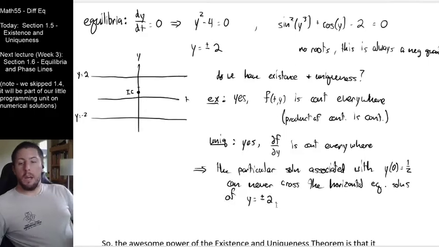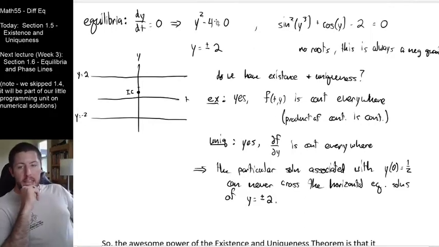So again, by knowing existence and uniqueness, what that guarantees me is whatever the curve is that's going to pass through our initial condition, it can never cross any other solutions on the entire plane out here.